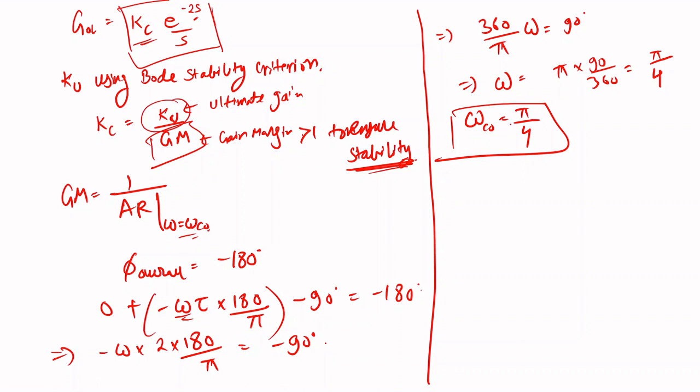Now we need to find the amplitude ratio of this transfer function at this frequency. So amplitude ratio will be simply multiplication of amplitude ratio of each individual term. So it will be Kc into 1, since for e raised to minus 2s the amplitude ratio will be 1, and for 1 upon s, it will be simply 1 upon omega.